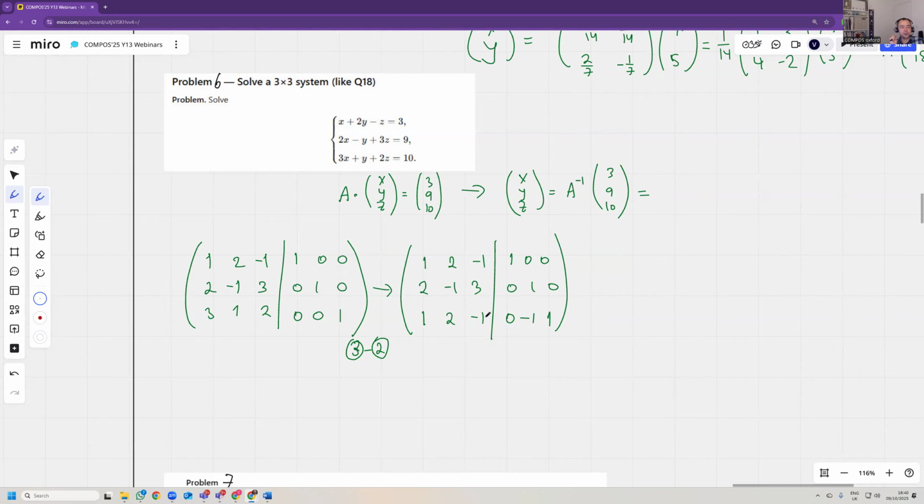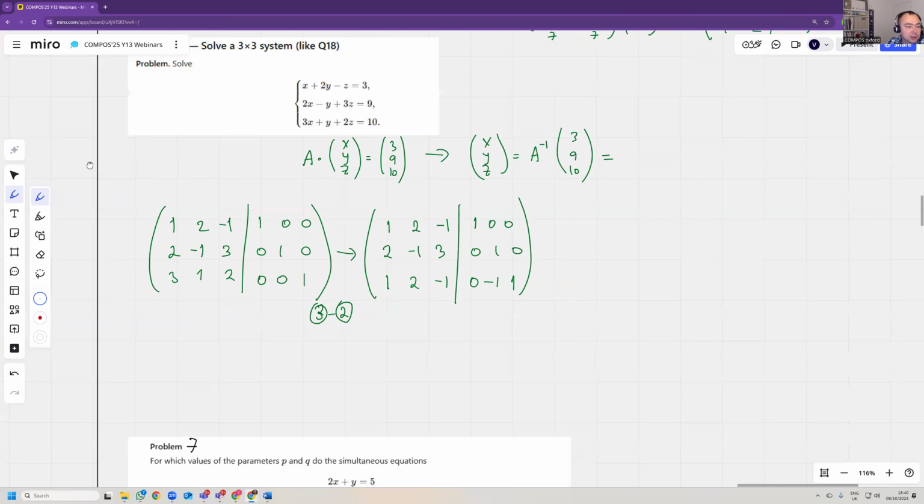This matrix does not have an inverse, so you can't use this method. Why does it not have an inverse? Well, because if you subtract 3 minus 1, you get a 0, 0 line.